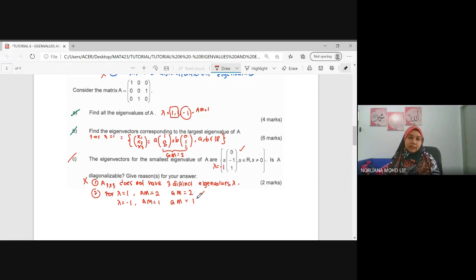So A is diagonalizable. You have to give the proof. A is diagonalizable since, therefore A is diagonalizable.